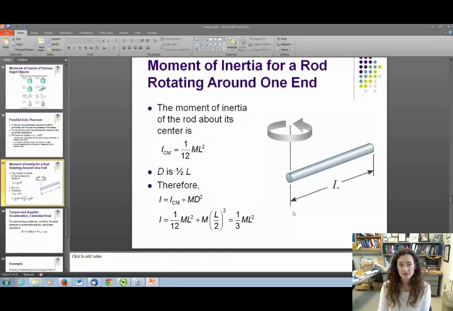If you were rotating it about the end, d, the distance from the center to the end, which is the new axis of rotation, would be 1/2 the total length of the rod. So your new moment of inertia would be 1/12 m L squared plus the mass of the rod times the distance d squared, which is L over 2 squared. And then when you add those two things together, you get 1/3 m L squared for your new moment of inertia.